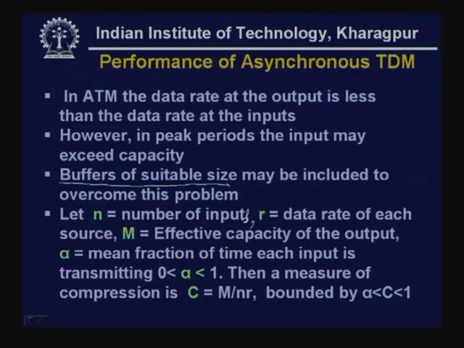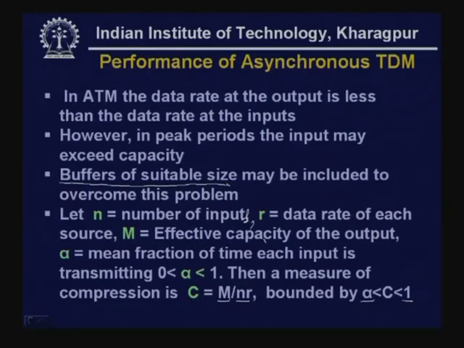That is our basic premise, and obviously, alpha varies from 0 to 1. Then a measure of the compression C is the ratio of m, the effective capacity of the output, by nr. Obviously it will have a value less than 1, but it will also have a value in between alpha and 1.